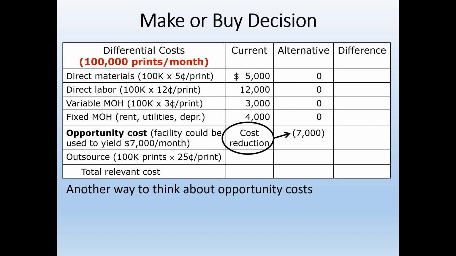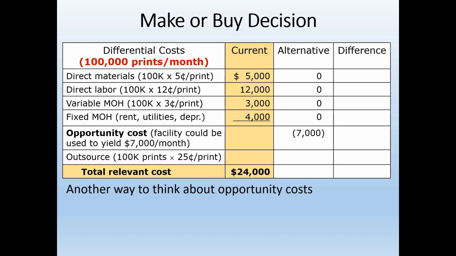In other words, if the firm uses this space for some other purpose and it gets $7,000 a month from doing that, that would reduce the total cost of outsourcing.